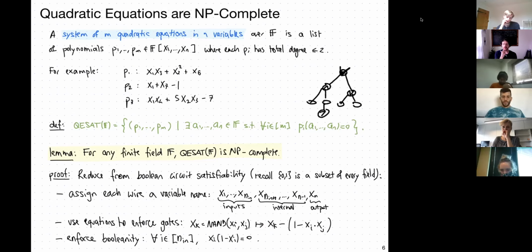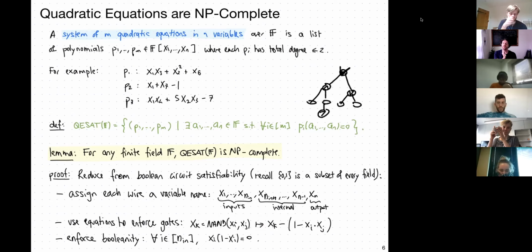The only thing missing is to enforce Booleanity, because it's a Boolean circuit. You don't want to be able to write something like 7, which would fool us. So we add an additional constraint saying that x times (1 minus x) must be 0, and this equation only holds if x takes the value 0 or 1.